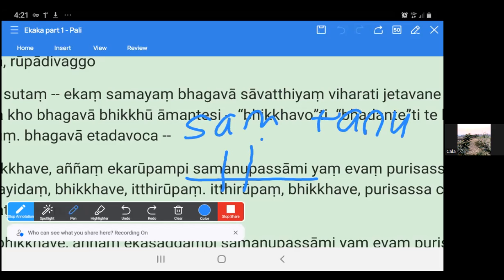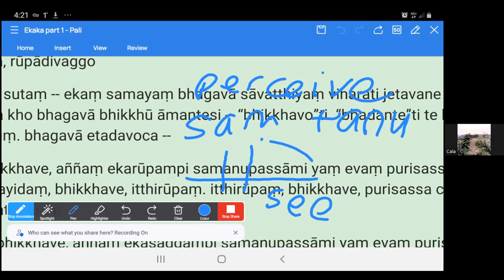So samanupassāmi, passāmi means see, but with the prefix meaning, it has a kind of contemplation, the meaning of contemplating or perceiving, not just seeing, but seeing in a deeper way, right? Because anu is follow after. If you see something and you follow it again, this means you're trying to perceive it, trying to understand it.